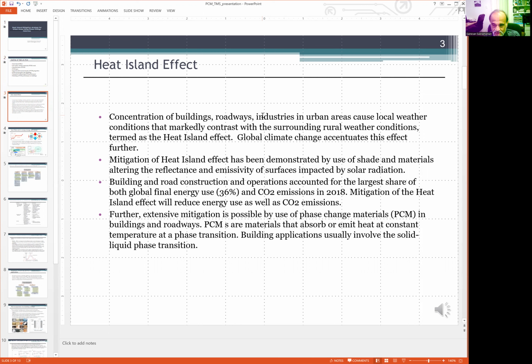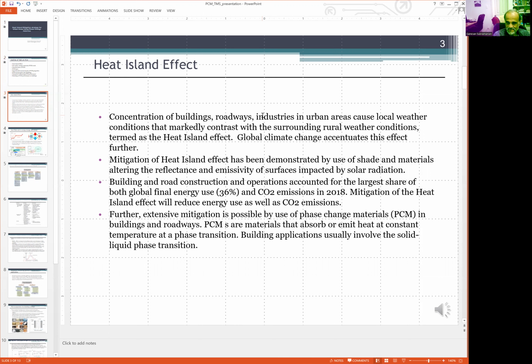Now, this effect is called the heat island effect, and by extremes in weather, we mean flooding type rainfall and heat waves and so on. And here we know that this happens even without taking into account the global climate change that's been happening over the past decades. Global climate change accentuates this effect further.